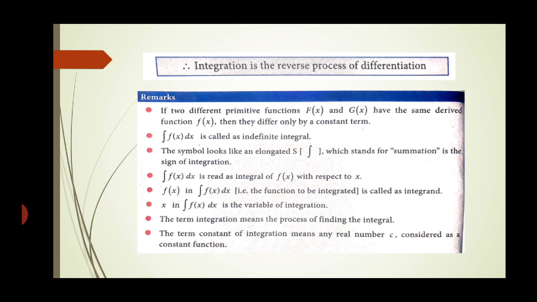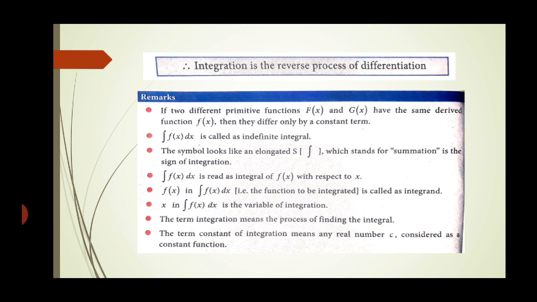Point number 4. The integral f of x dx is read as the integral of f of x with respect to x. Point number 5, f of x in the integral f of x dx is called the integrand. The function which you are going to integrate is called the integrand.